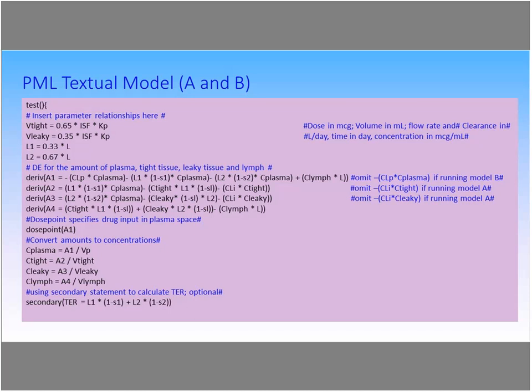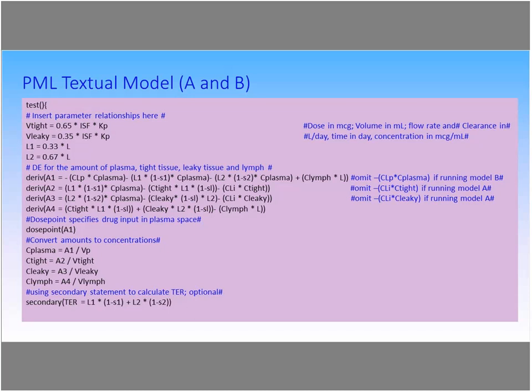For this model, dose is in microgram, volume in mL, flow rate and clearance in liter per day, time in day. Remember that, and concentration is microgram per mL. So we start by inserting parameter relationships here. Everything that you know, you put in here. I have a habit of organizing my code like this.